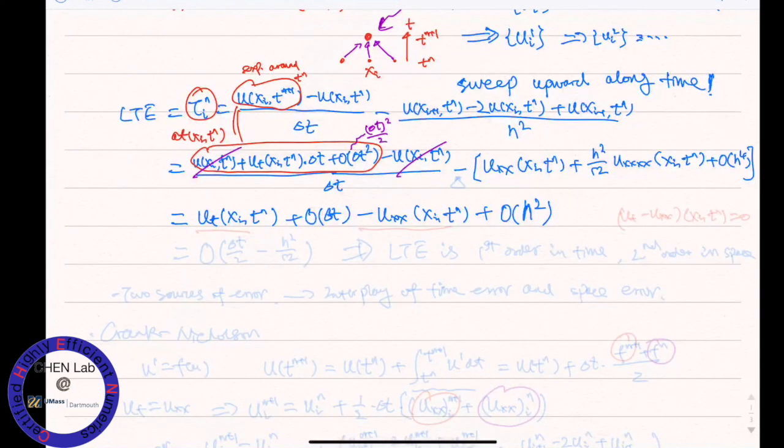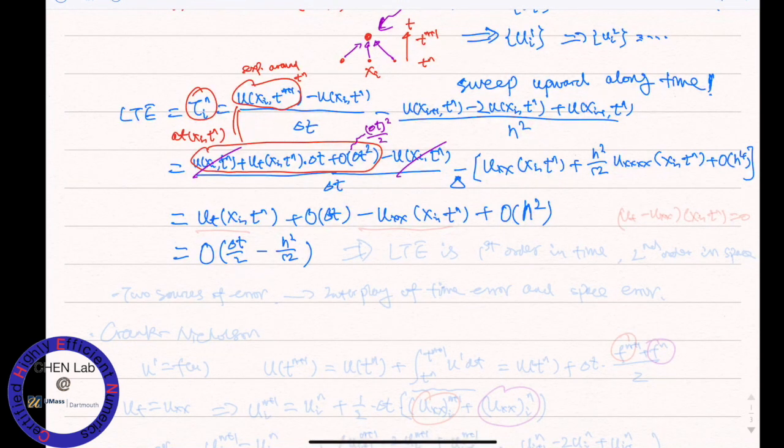Which means this whole thing is order delta t over 2, since delta t squared over 2 cancels with one delta t from below, and the h squared term is minus h squared over 12, because of the minus sign.